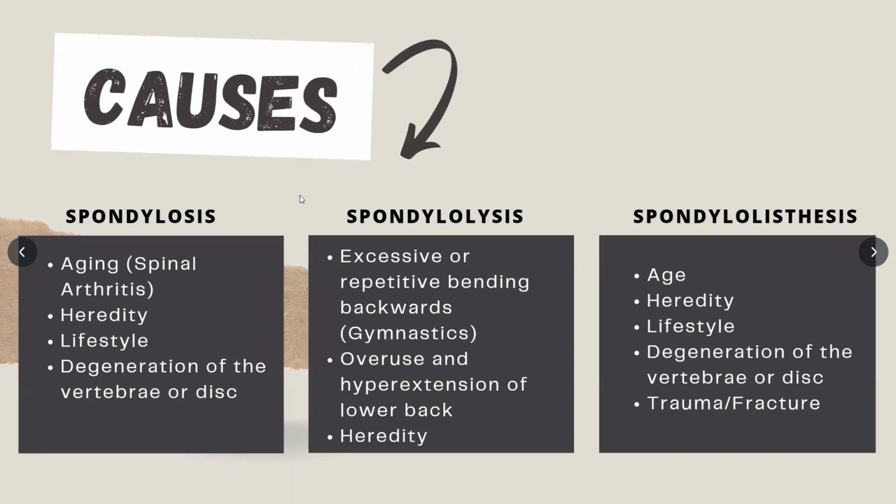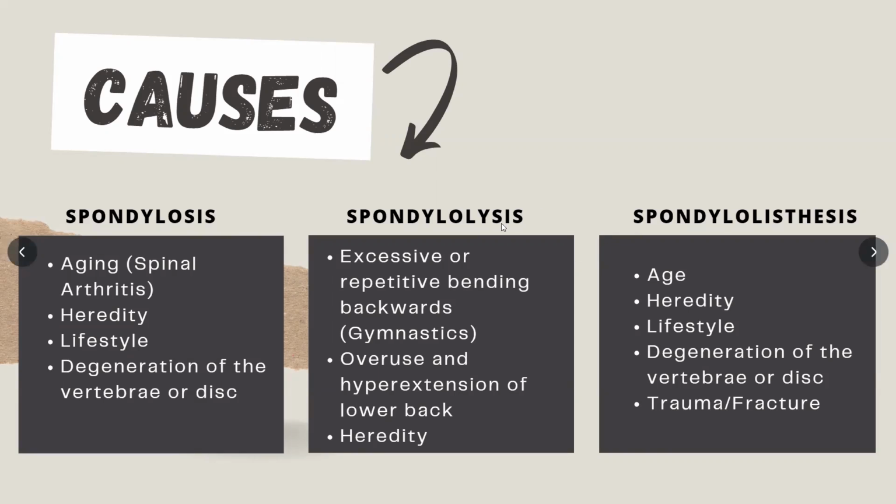So, a little trivia lang to share with you. Pag sinabi nating spondy, it means vertebra. So, for spondylosis, it is common for elderly patients kasi nga ang most commonly called na spondylosis is osteoarthritis in our spine. So kung may osteoarthritis tayo sa knee, meron tayong tinatawag na osteoarthritis in the spine, which is known as spondylosis.